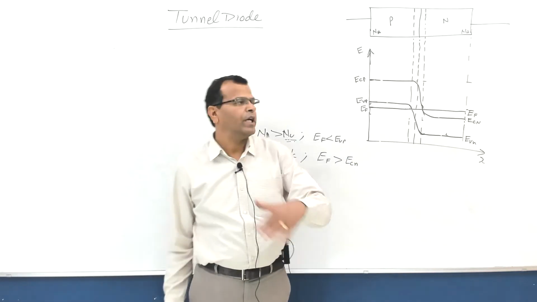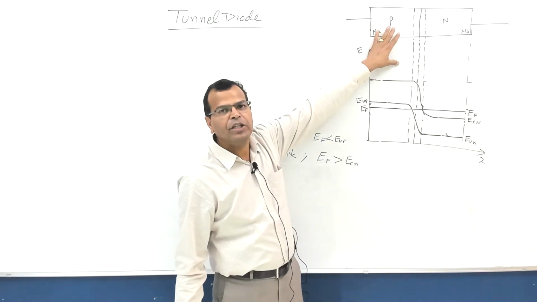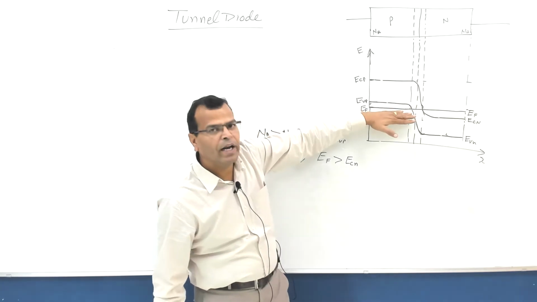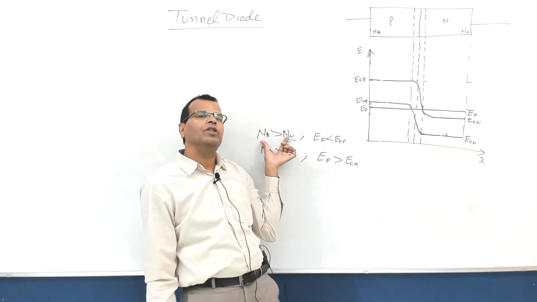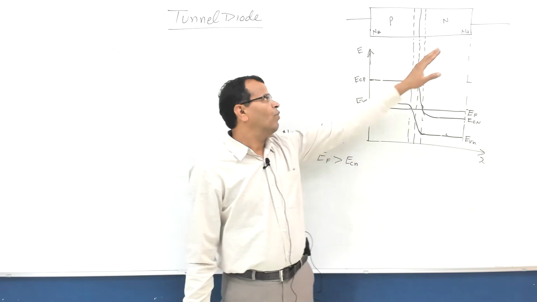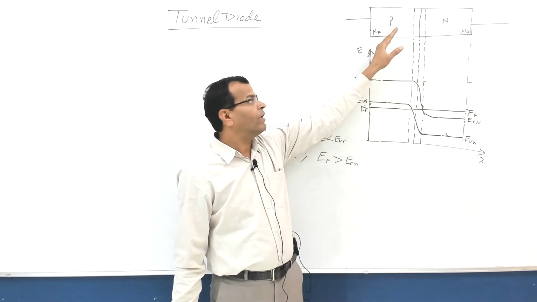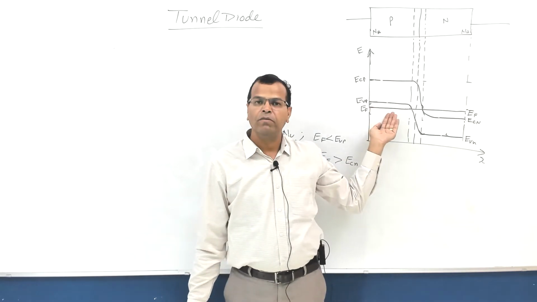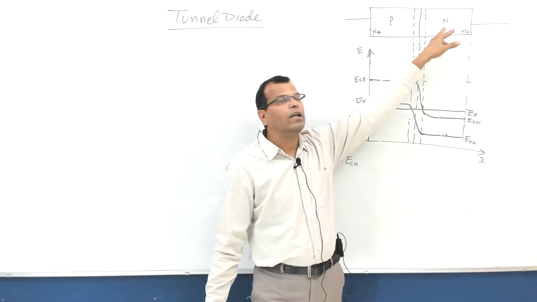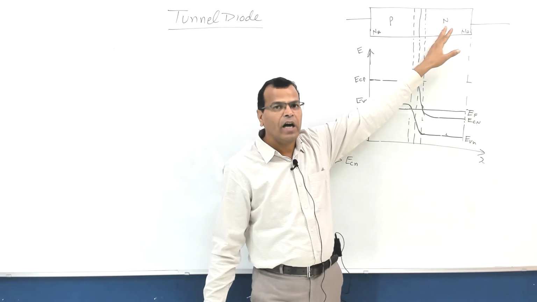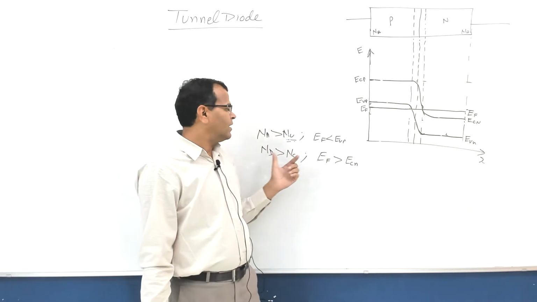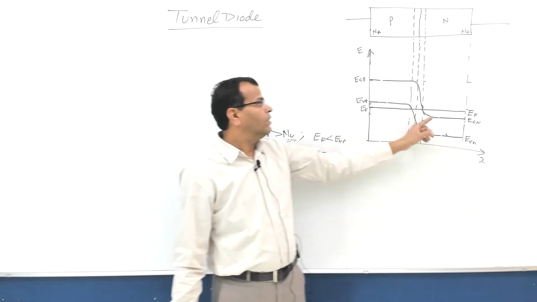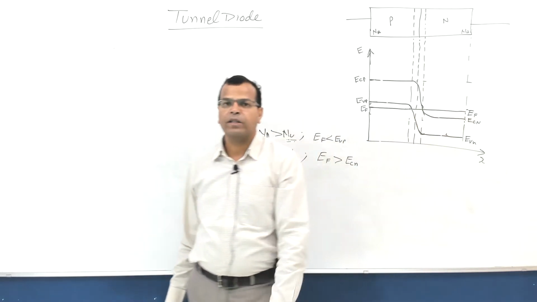So when the acceptor concentration is high on the P side, the Fermi level enters into the valence band. Similarly, on the N side, when the donor concentration is high and satisfies this condition, more than the density of states in the conduction band, the Fermi level enters into the conduction band.